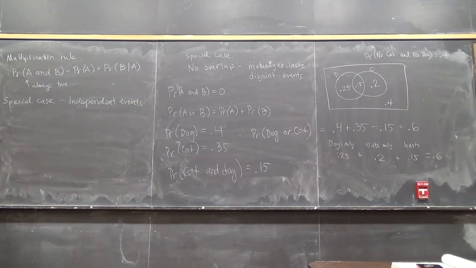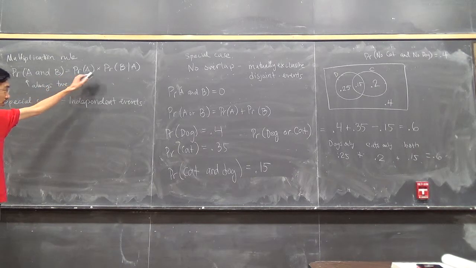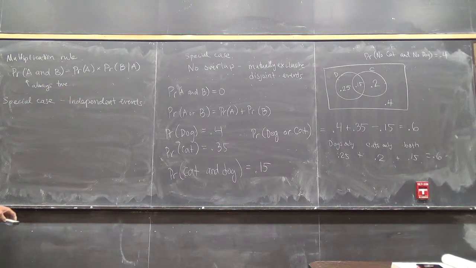Don't get independent events mixed up with mutually exclusive or disjoint events. They are very different. Independent means that events A and B have no influence on each other. The outcome of event A has no influence on the outcome of event B, and vice versa.